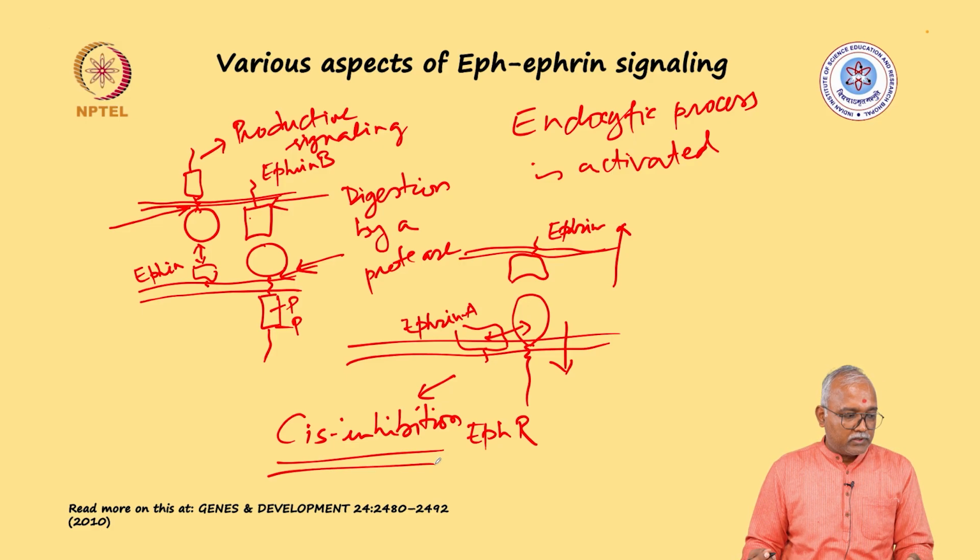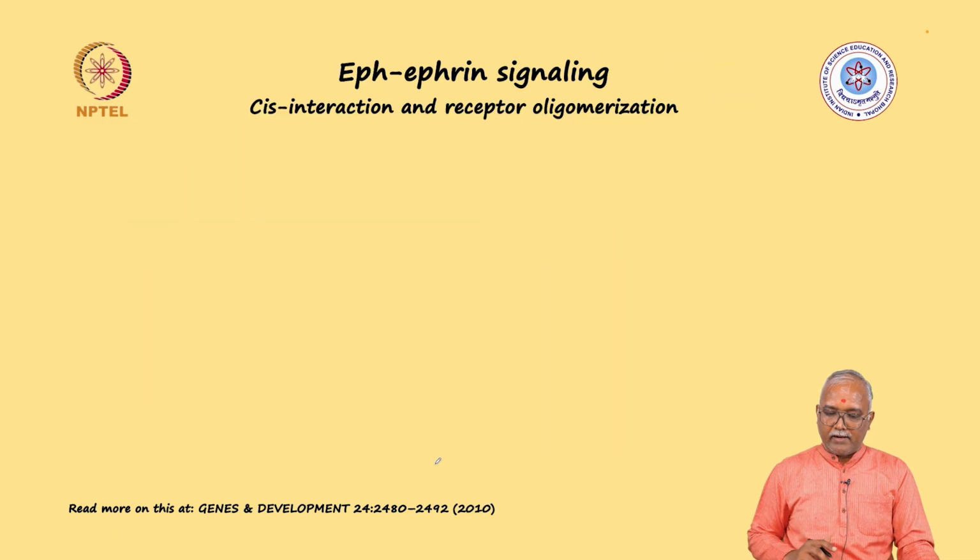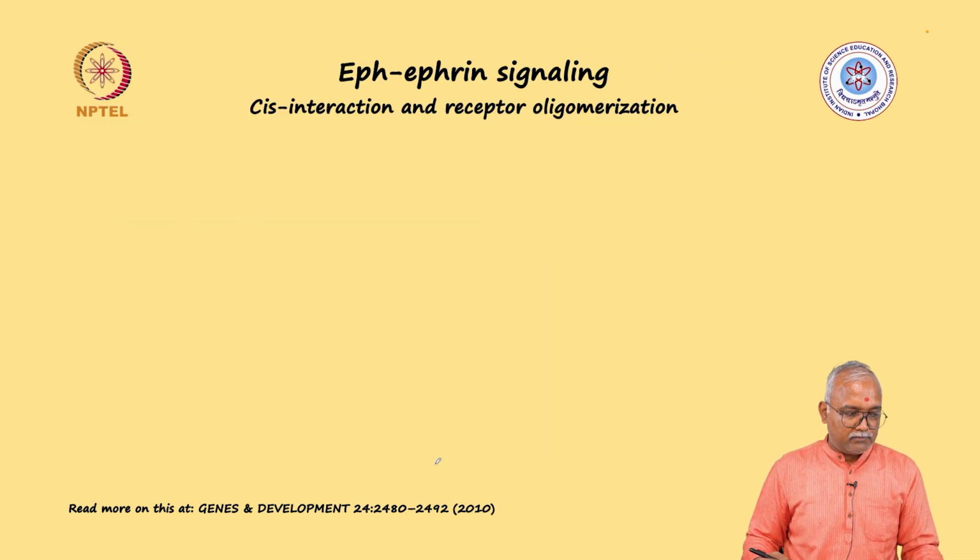One more thing which is very commonly seen with EPH-Ephrin signaling is that they undergo a lot of oligomerization to build big signaling clusters. So the cis interaction as well as the oligomerization will lead to the clustering which I told you.